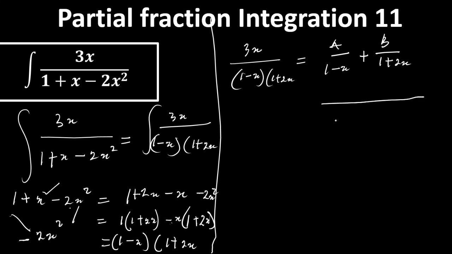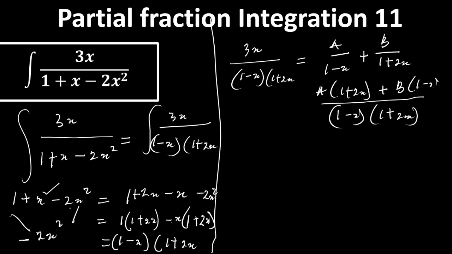Now I can take my LCM so that it becomes 1 minus x into 1 plus 2x. Then I'll have A into 1 plus 2x plus B into 1 minus x.